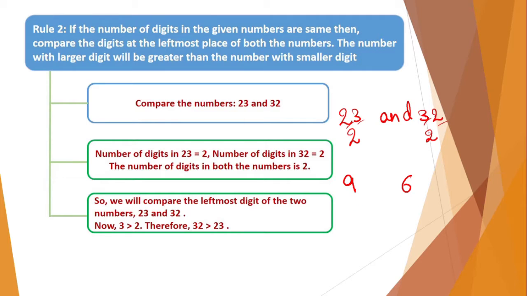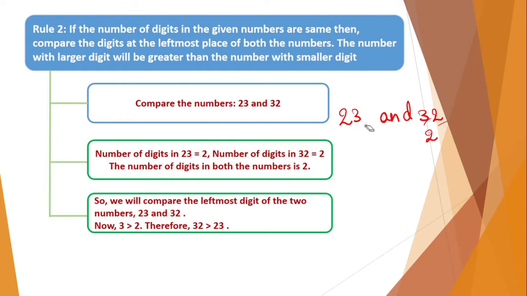But now if I check according to rule 1, here we have one digit and here also we have one digit. So can I say that 9 and 6 are equal? You will say no, right? So 9 and 6 are not equal. So we can't say that if digits are equal, the numbers are also equal.